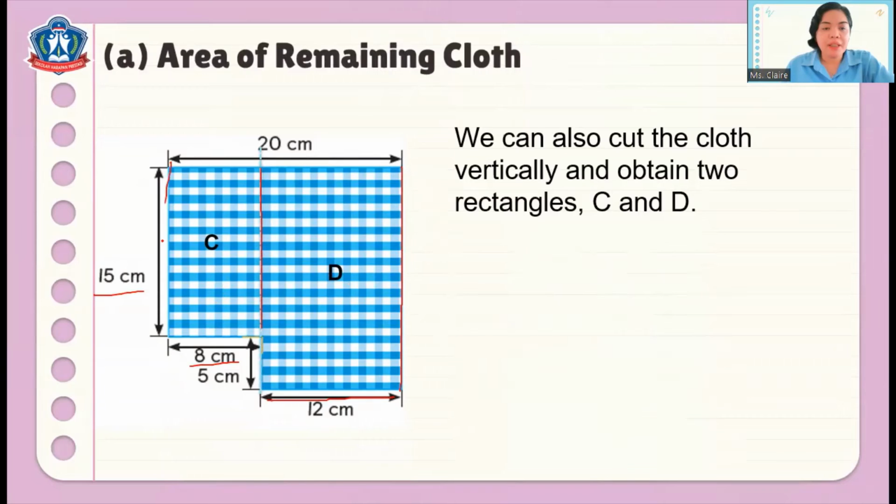We have 15 plus 5. So this is 20 centimeters. So 12 times 20, that is the area of rectangle D. And 15 times 8, that's the area of rectangle C. After that, you will add them. And that is the same as rectangles A and B, which is 360 square centimeters.